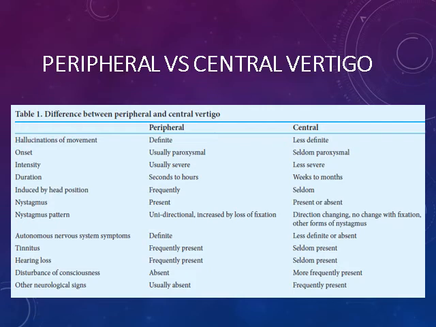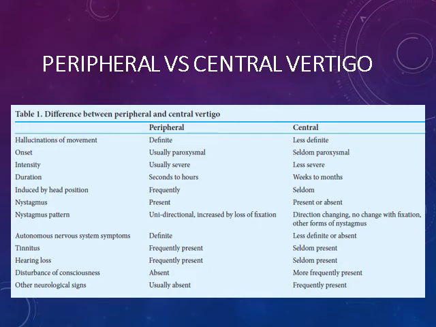The duration might be seconds in some disorders like BPPV, which we will take later, and may extend to hours. Longer durations are usually seen with central vertigo. Induced by head position is not a must, but it frequently accompanies peripheral vertigo.